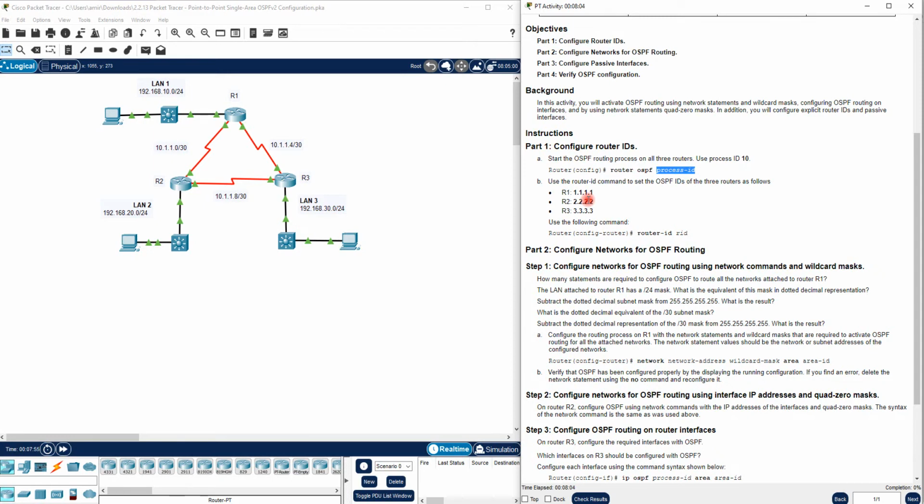The router ID is a unique number, maybe defined by the administrator, like in this example that we want to configure. And maybe automatically, if we don't define it, it will be taken from the highest IP address.